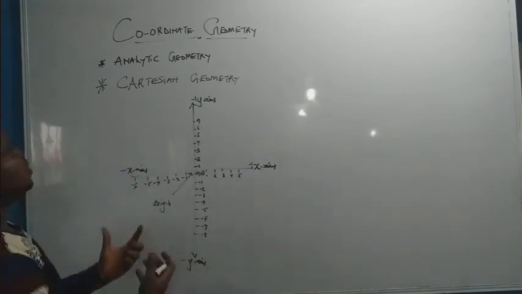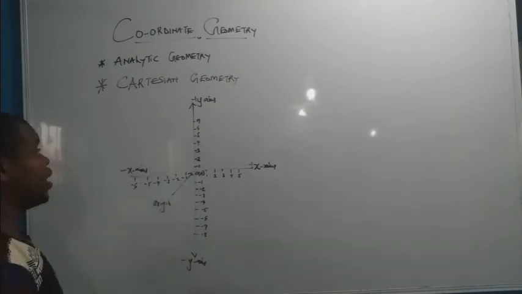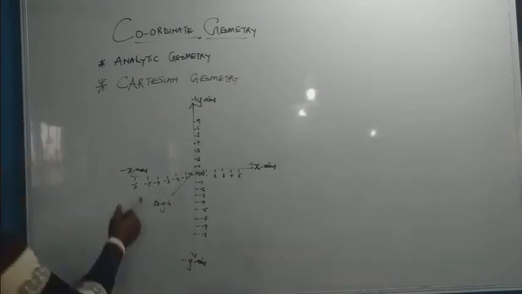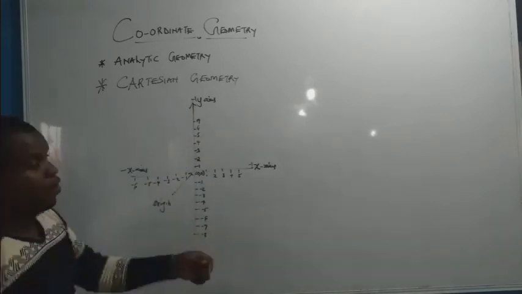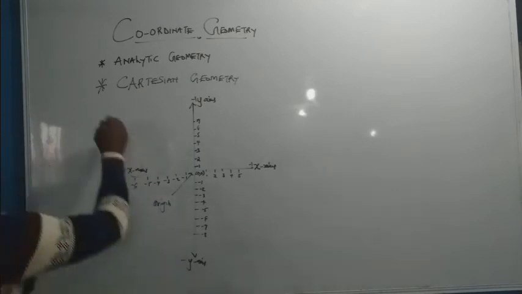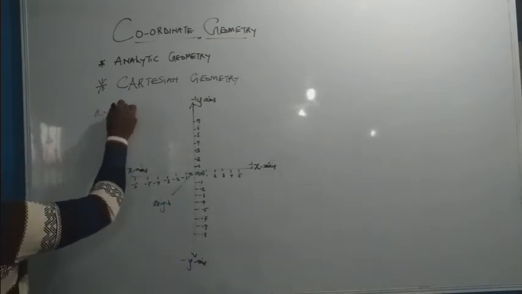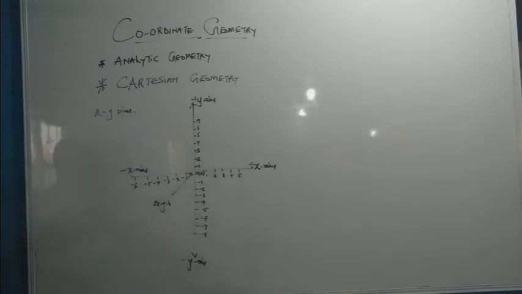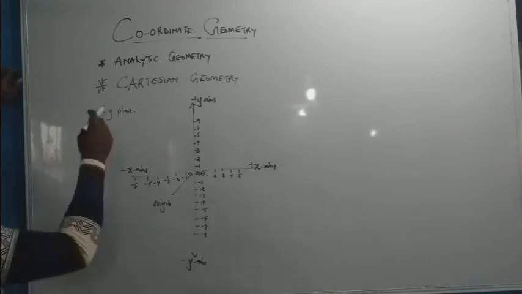So how do we now represent a coordinate? We have the x coordinate and the y coordinate. That's why sometimes this kind of diagram is also called the xy plane. So how do we represent a coordinate?